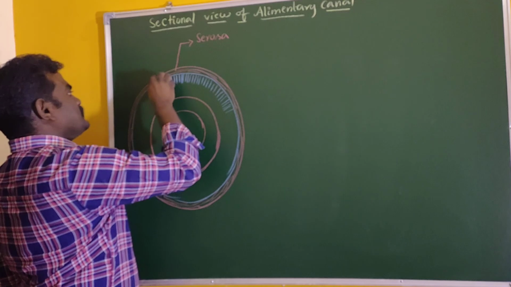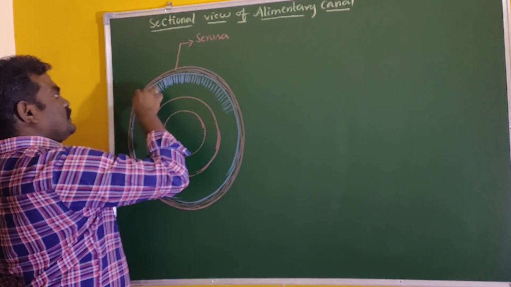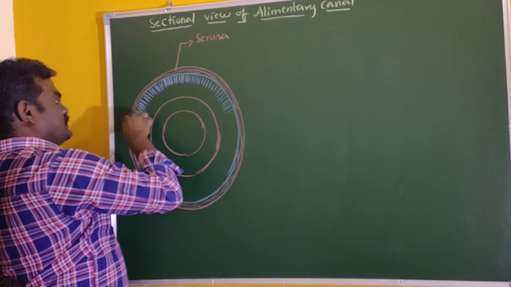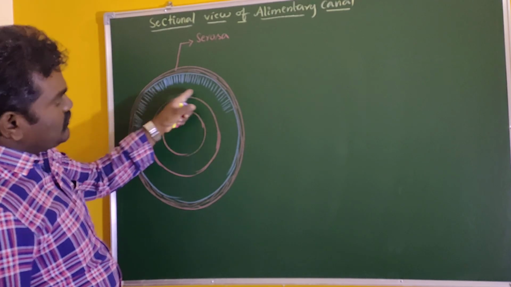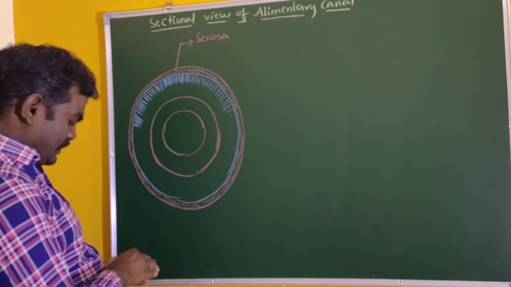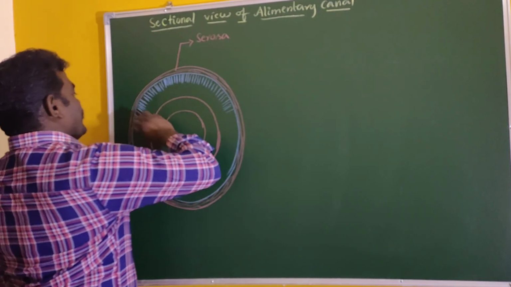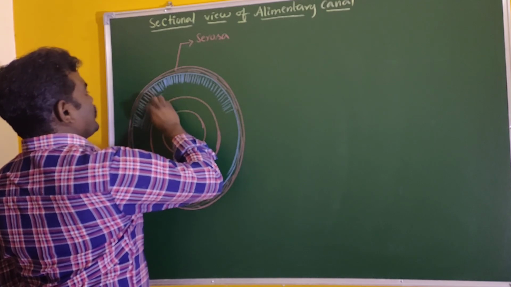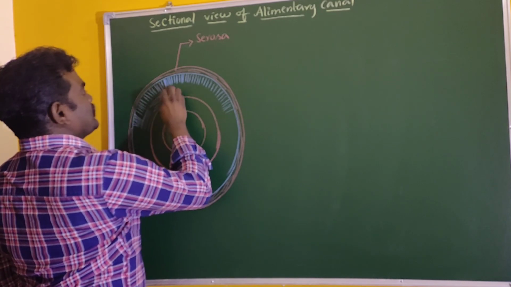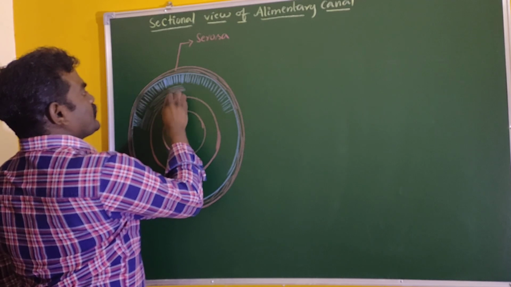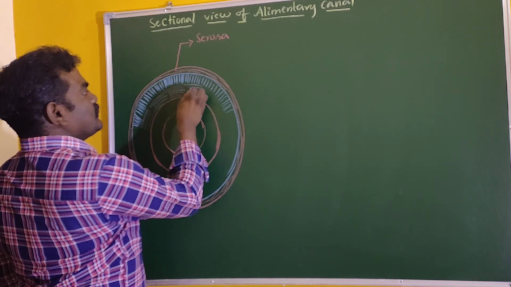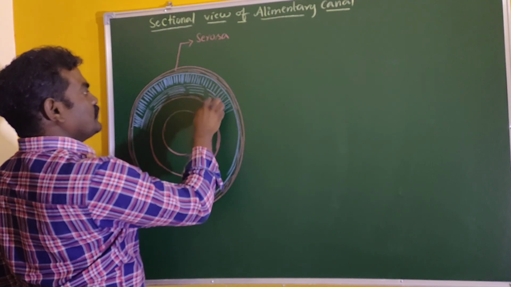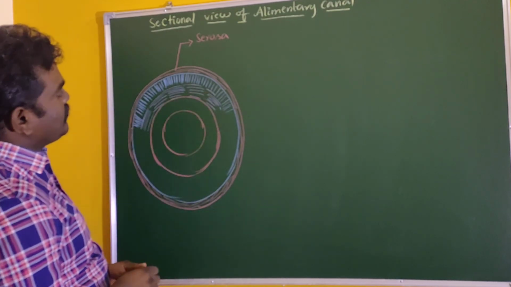I don't want to draw the complete diagram, just this partial part. This is the outer longitudinal muscularis and the inner circular muscularis.